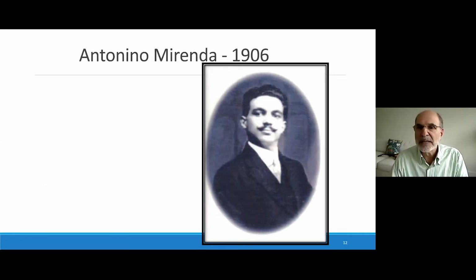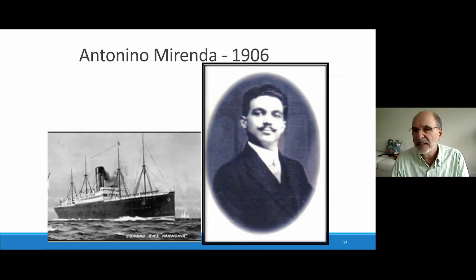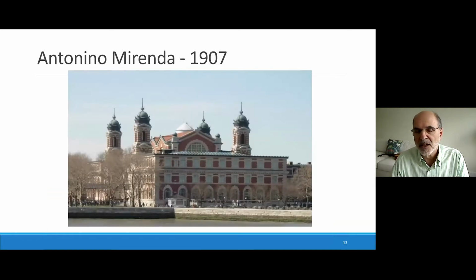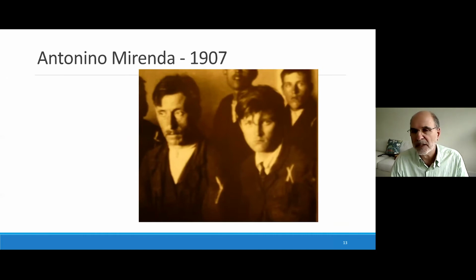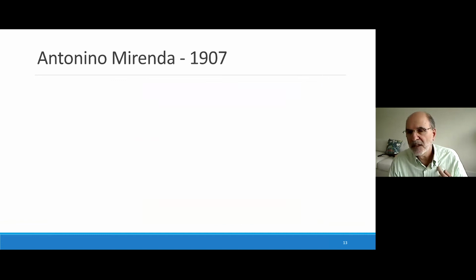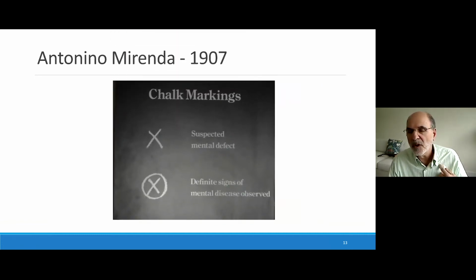So why do we have nonverbal tests? Because when people like this, Antonino Miranda, came to the US and landed here at Ellis Island, they would have asked him questions, and I know he wouldn't have responded well. They put a chalk X on his lapel because we didn't let low ability people in the country at that time.